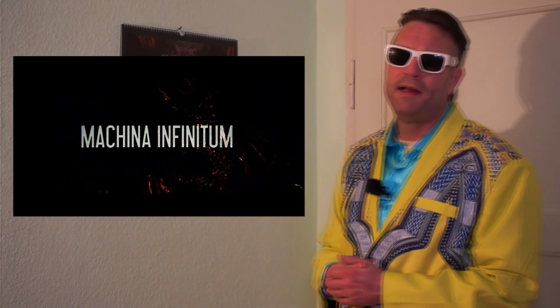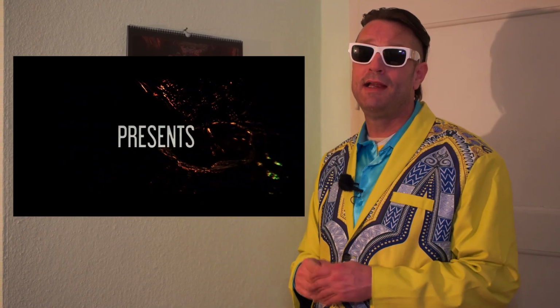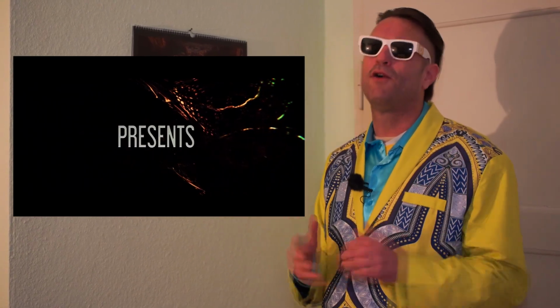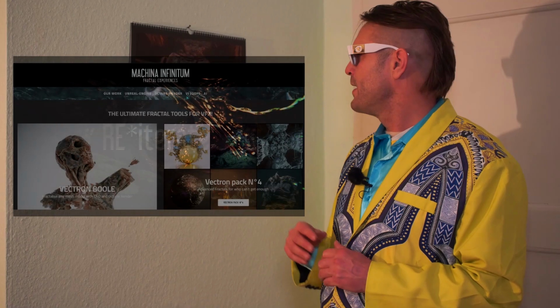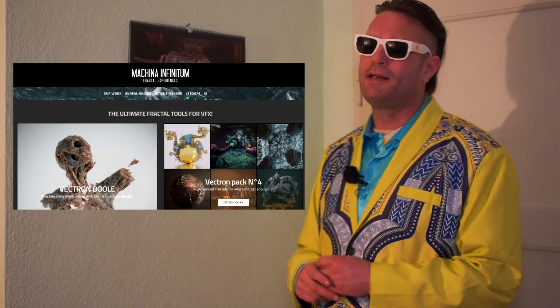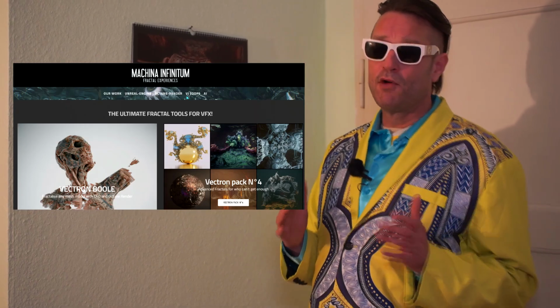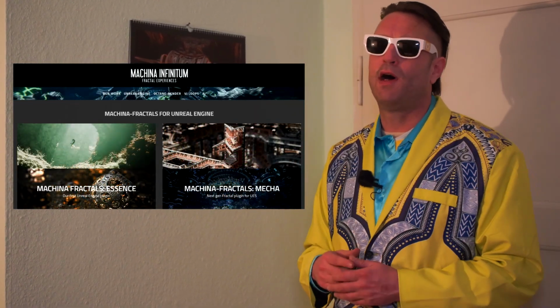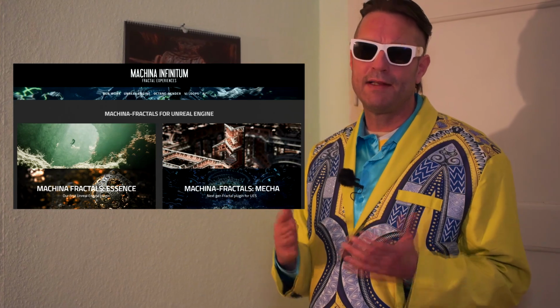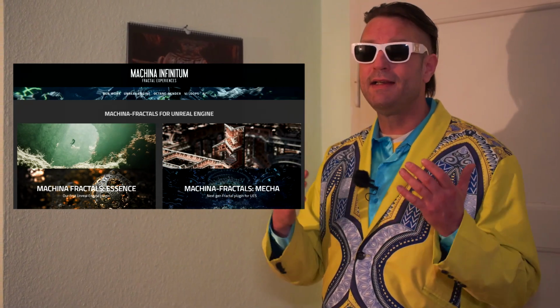Machina Infinitum is a team of 2 programmers from Italy and Germany, and I think they both are old Fractal Forums users that create plugins for other 3D programs, say Blender, but most recently they developed a plugin for Unreal Engine, and this provides you with the possibility to create real-time 3D fractals in your games or real-time scenes.